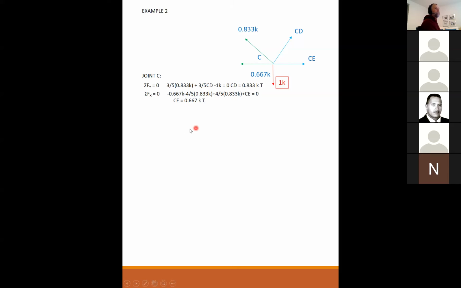In the X direction, I have negative 0.667 because it's pulling to the left. I have minus 4/5 of 0.833 because it too is pulling to the left. I have plus 4/5 of 0.833 because it's pulling to the right, plus CE. CE is positive 0.667 kips, so CE is in tension.